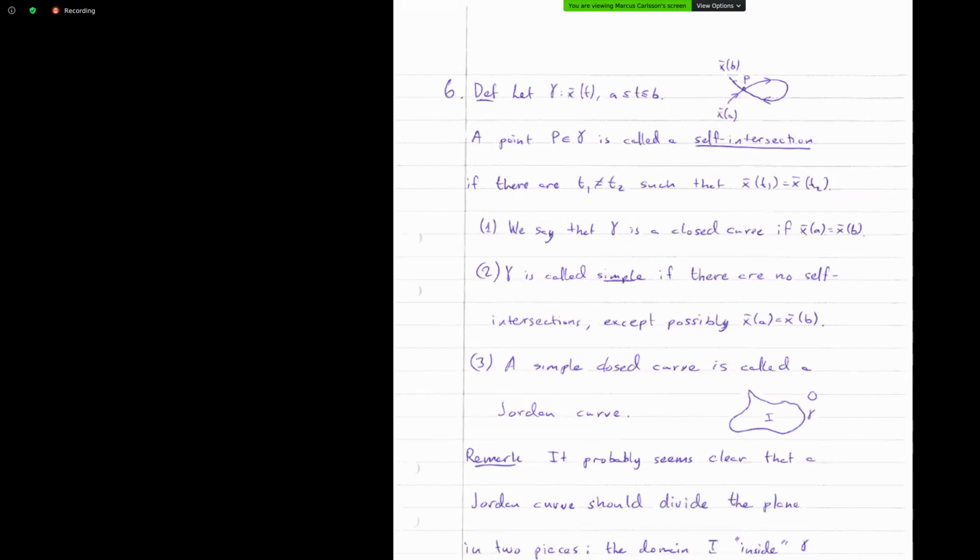A curve is called simple if it doesn't have any self-intersection points. And it's called closed if it starts and ends at the same point. Usually we want to study closed, simple curves because those are boundaries of other domains.